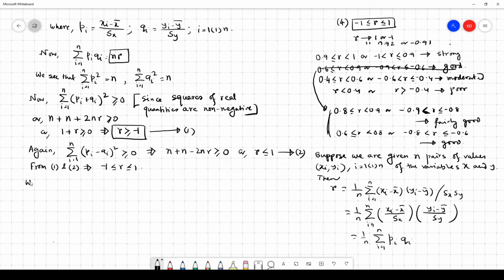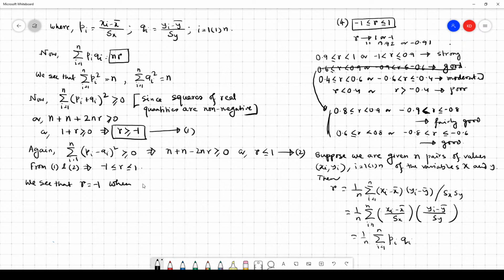We see that r equals minus 1 when the sum of squares equals 0, which means each of the components should be 0.